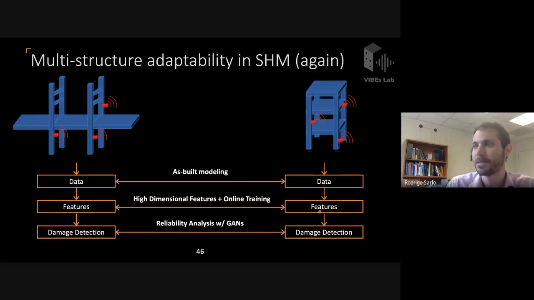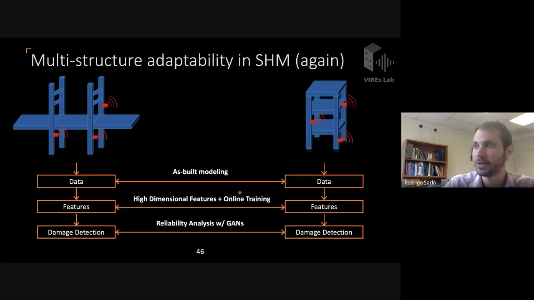And so we can quantify differences even down to that level, and do that as the structure evolves over time. At the feature level, we've seen that these high-dimensional, very general, very generic features are actually quite useful because they're not domain-specific. And when combined with online training, they allow us to get rid of any a priori information that we may need to do the classification.